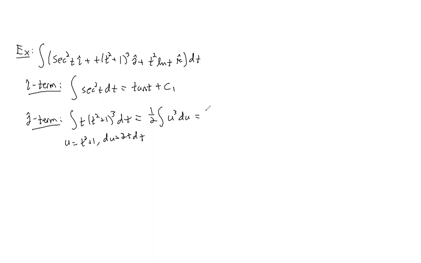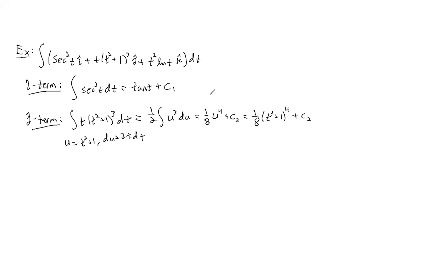So what is that? That's going to be 1/2 times 1/4, or in other words, 1/8 u to the 4th plus c2, or in other words, 1/8 of t squared plus 1 to the 4th plus c2.